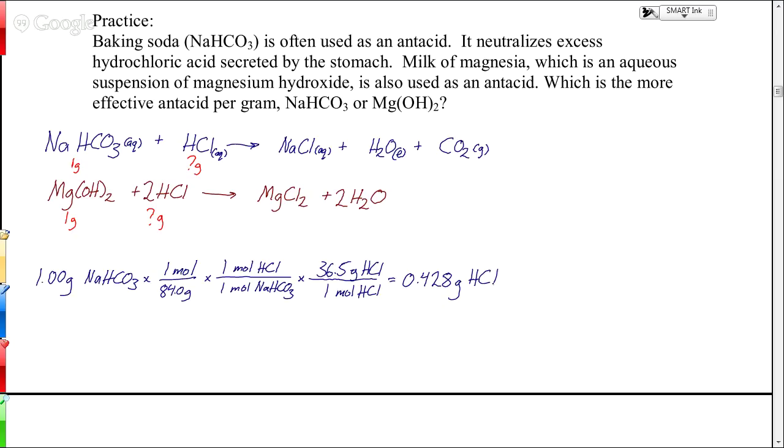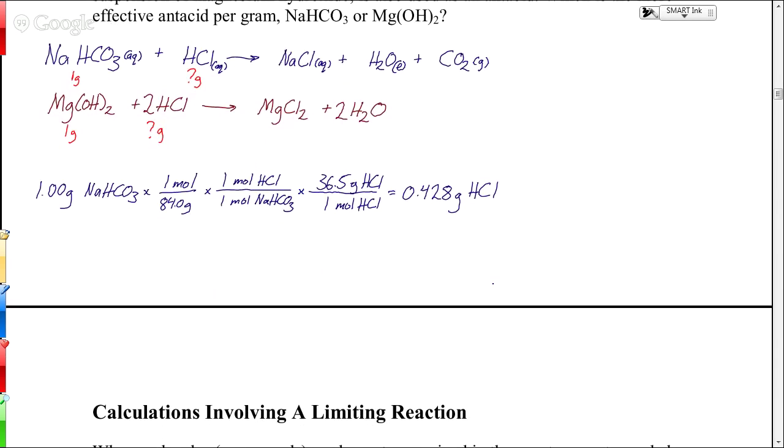Okay, so we could do the exact same thing then with the magnesium hydroxide. The only numbers that change are the molecular mass. So instead of 84 grams, what did you get for the molecular weight of magnesium hydroxide? 58.3.